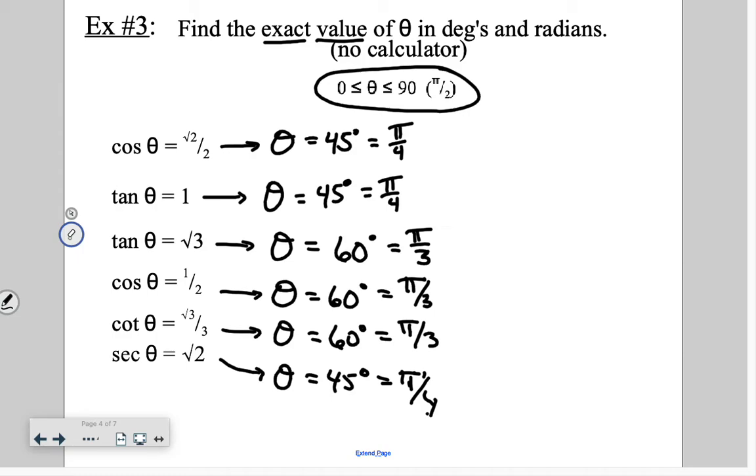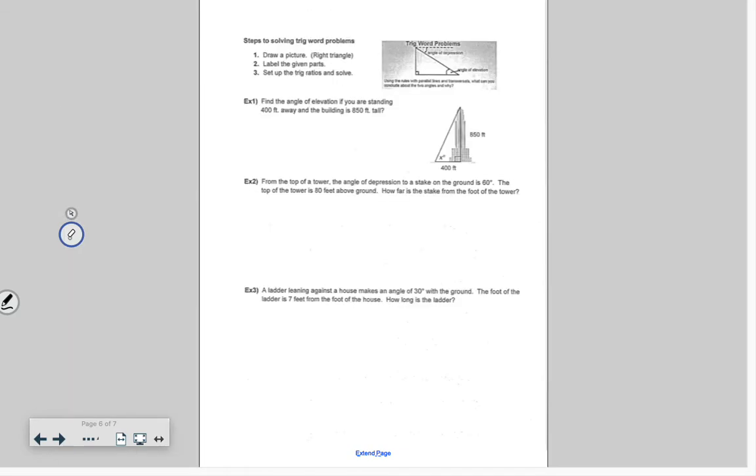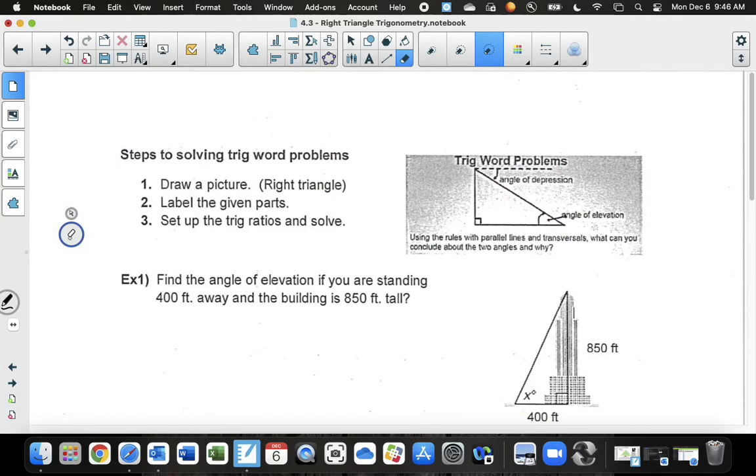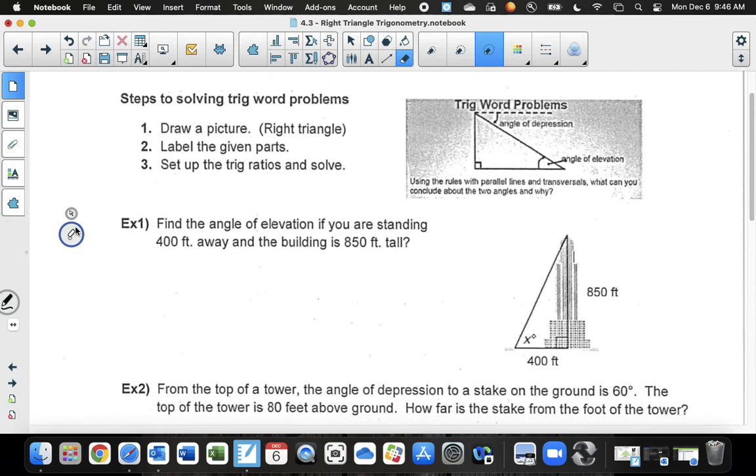Let me go on to the other part of what you're going to see today, which is some application problems. I have this on a sheet. These are just right triangle, basic geometry application problems. These are not anything super complicated.